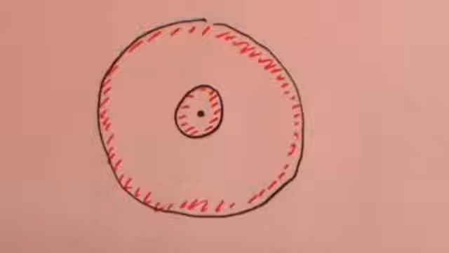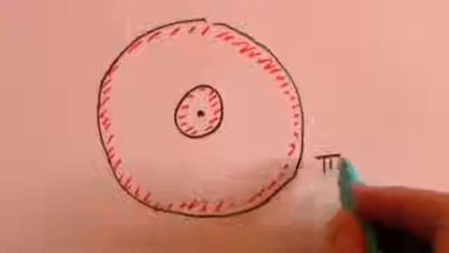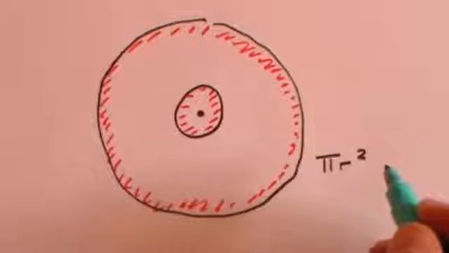In other words, if you're the incoming alpha particle, what is the area you have to hit if you want to scatter through a large angle? Obviously, the area that you're hitting is the area of a circle. That's just given by pi r squared.